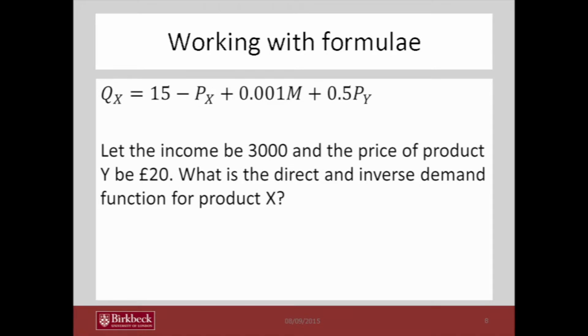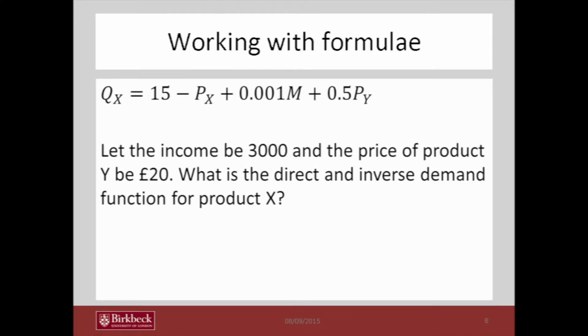So here's a practical question. Let the income be 3,000 and the price of product Y be 20. What is the direct and inverse demand function for product X? For this question to be answered, we need to identify what 3,000 and 20 stand for in the formula.